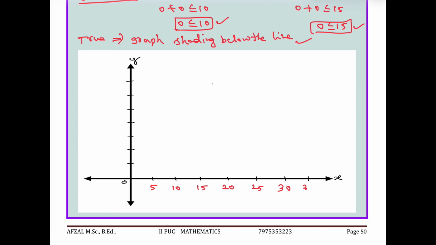That equals minus log of x plus 1 plus log of x plus 2 whole square plus c, that is equal to log of x plus 2 whole square divided by x plus 1 plus c. In logarithm, the middle minus becomes division.